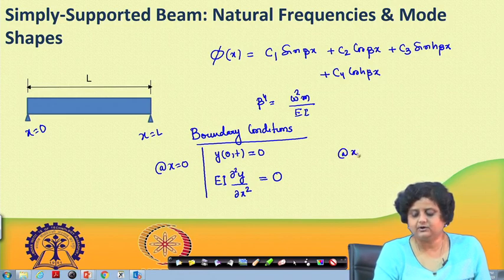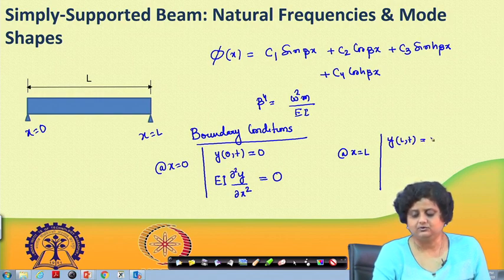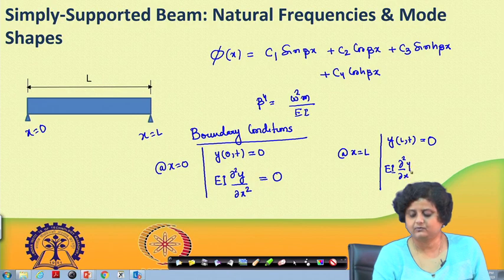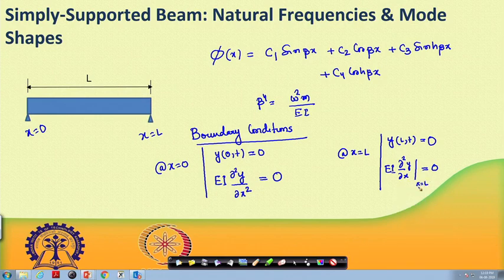Similarly, at x equal to L, we have y L comma t is equal to 0 and the moment is 0. So, these are the two sets of boundary conditions that we have. Please note that there are 4 boundary conditions and we have to solve for 4 unknowns, and so this is a doable problem.